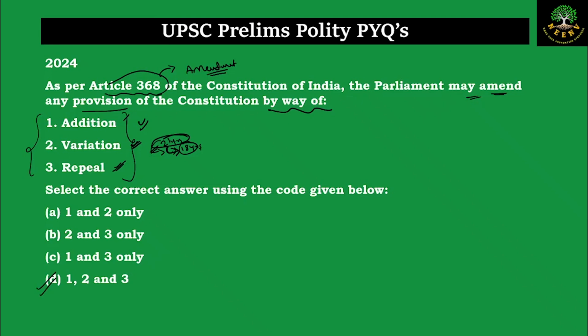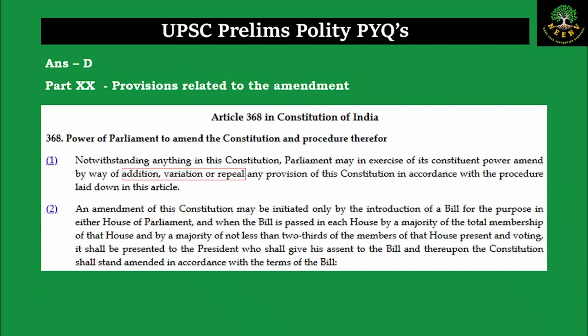Now let us look at the bare act of the Constitution. If you look at Article 368, the subheading says power of the Parliament to amend the Constitution and the procedure thereof. So it contains the power of the Parliament to amend and also the procedure of amendment. Clause 1 says, notwithstanding anything in this Constitution, the Parliament may in exercise of its constituent power.